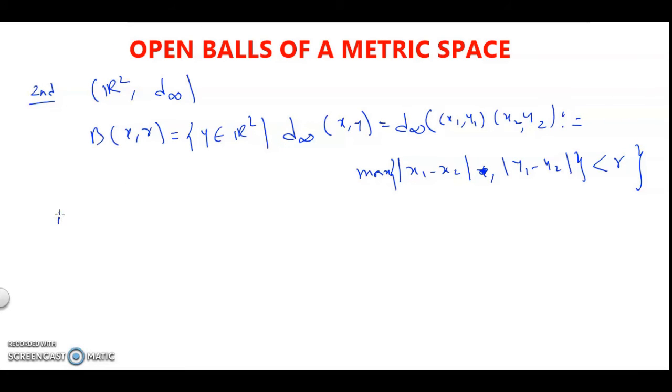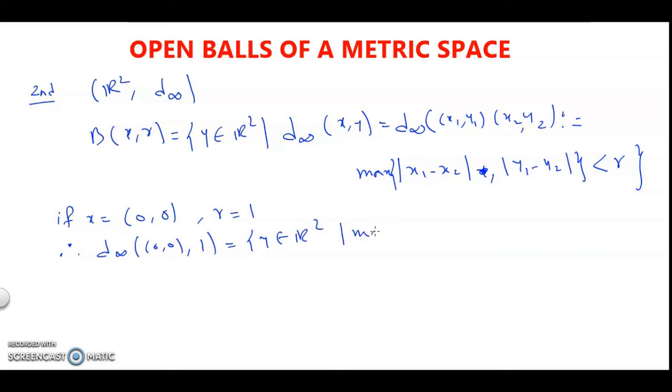Suppose the center of the open ball is x equals (0, 0) and r is 1. Therefore B(0, 1) with the D infinity metric is all those y belonging to R2 such that the maximum of |x2| and |y2| is less than 1. And what is y? y is actually (x2, y2).